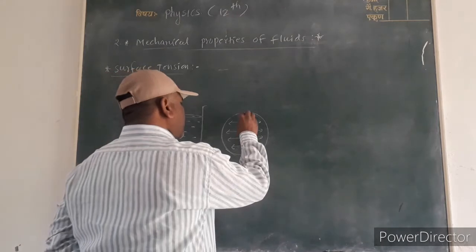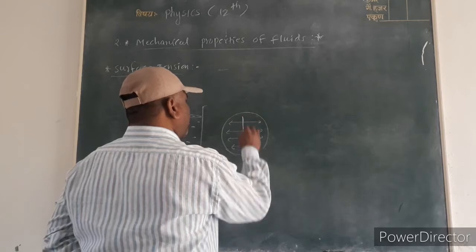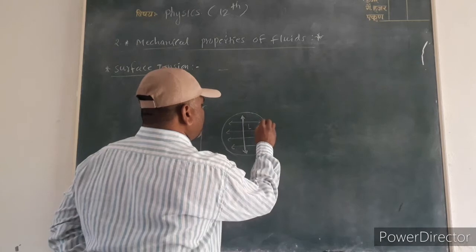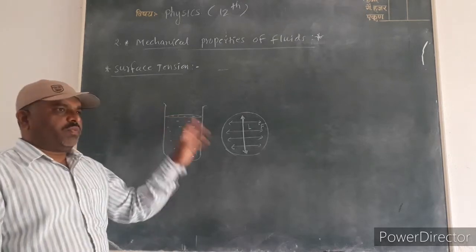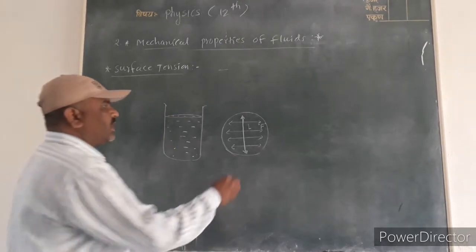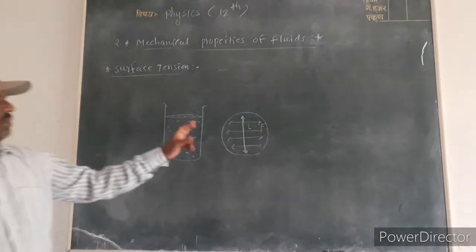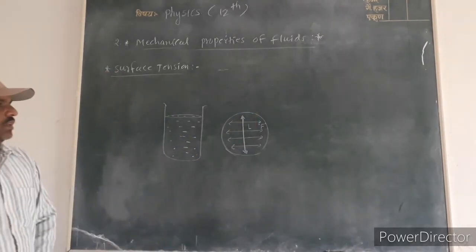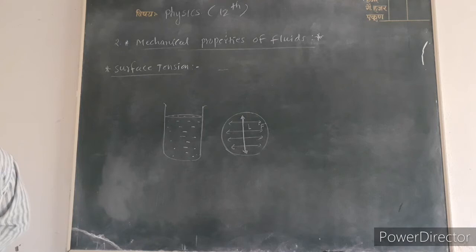And if we draw a perpendicular line whose length is L, and this is the force due to the stretched membrane on this surface of water, it is observed that this force of the membrane acts tangentially to this line whose length is L, and that phenomenon is called surface tension.